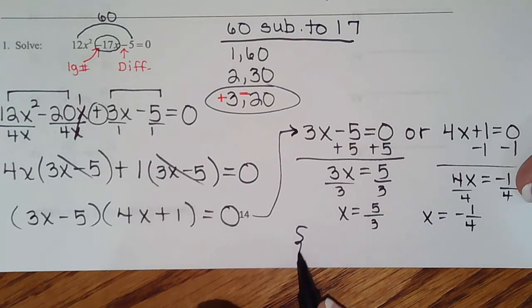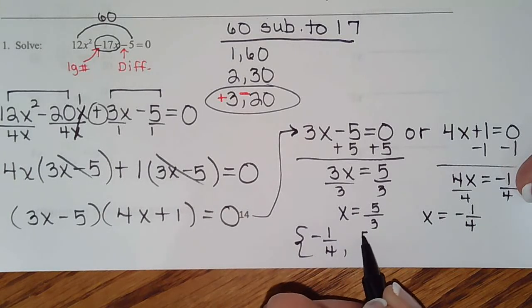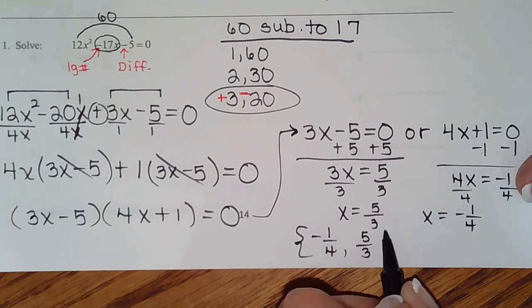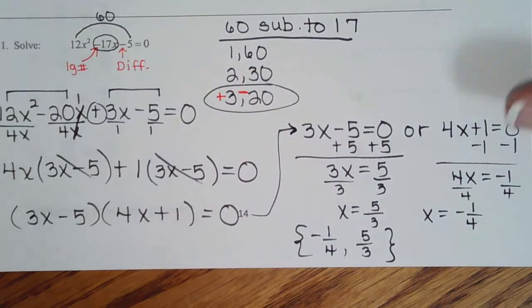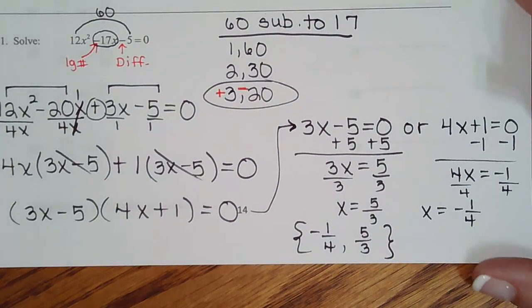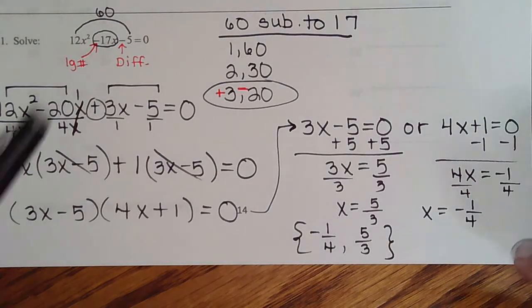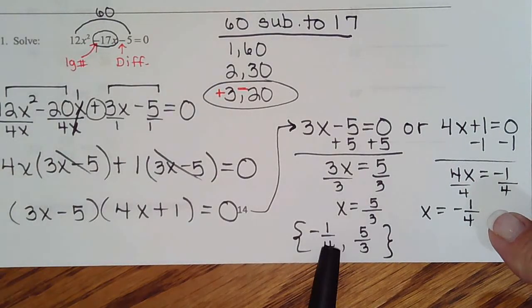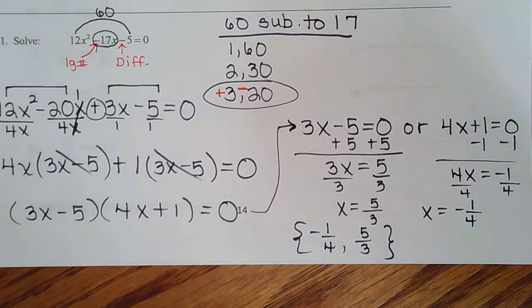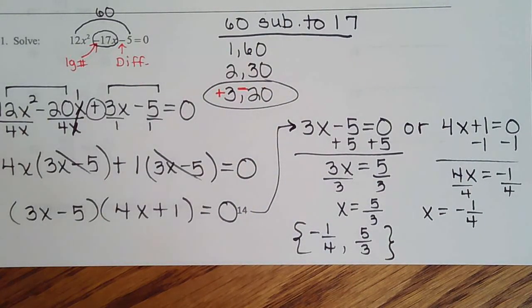I like putting my answers in smallest to largest, so I'm going to do that. But order does not matter unless your teacher tells you to put them in a certain order. Okay, so I check the power of 2, count the solutions, 2, boom, I'm good.